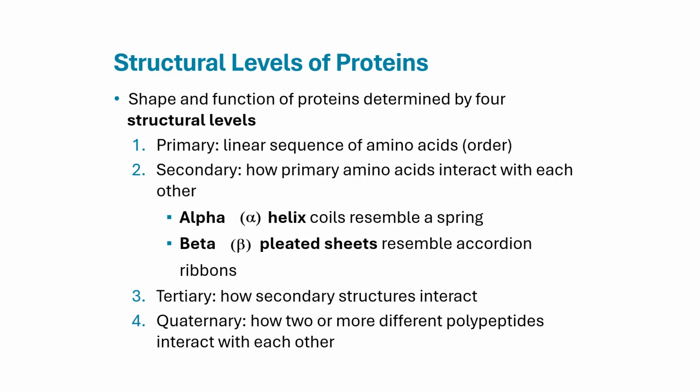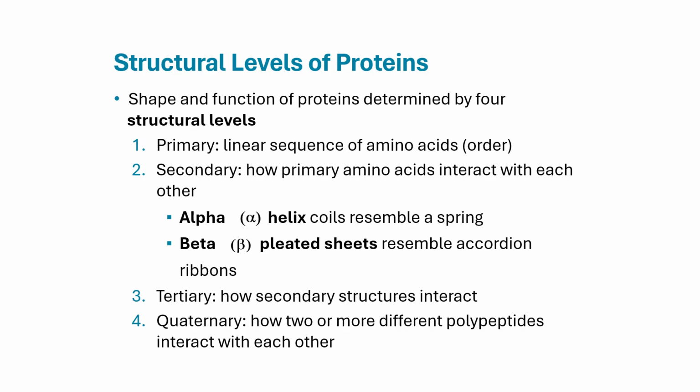Let's look at the structural levels. We know the shape and function of proteins are very interrelated. If the shape changes, the function changes. We've got four different levels here. The primary level is the linear sequence of amino acids.